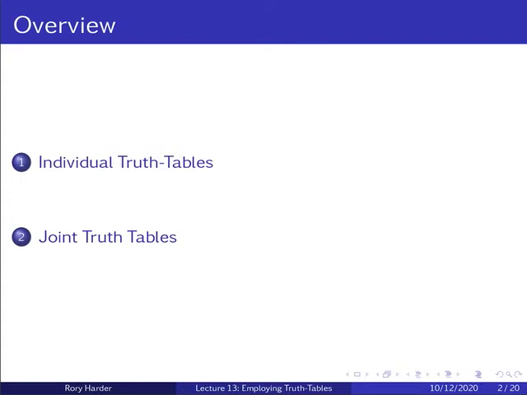So the two parts of this lecture: first we're going to go over creating truth tables for individual sentences to tell whether that sentence is a tautology, a contradiction, or a contingent sentence. And then the second part is we're going to talk about how to create joint truth tables, or truth tables that compare multiple sentences.